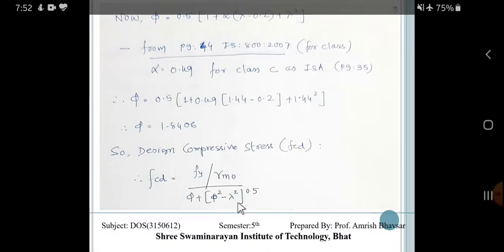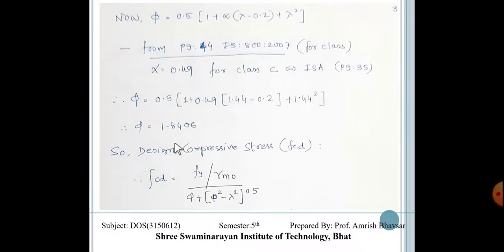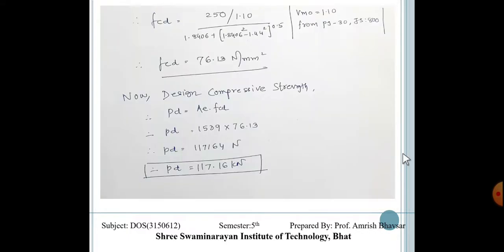The equation given on page number 34 is Fy upon gamma m0 divided by phi plus, in the bracket, phi square minus lambda square whole raised to 0.5. Now we have all the things. What is gamma m0? That we know, and gamma is given on page number 30 in IS 800.